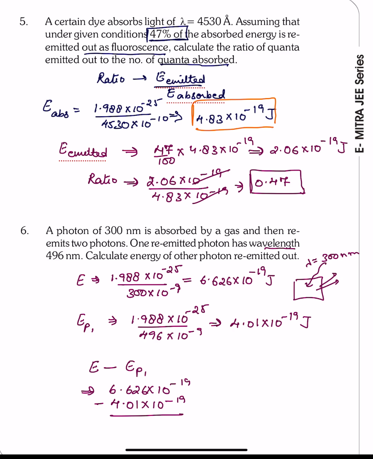And the answer comes out to be 2.616 into 10 to the power minus 19 joule. So this is the energy of the other photon that is re-emitted out.